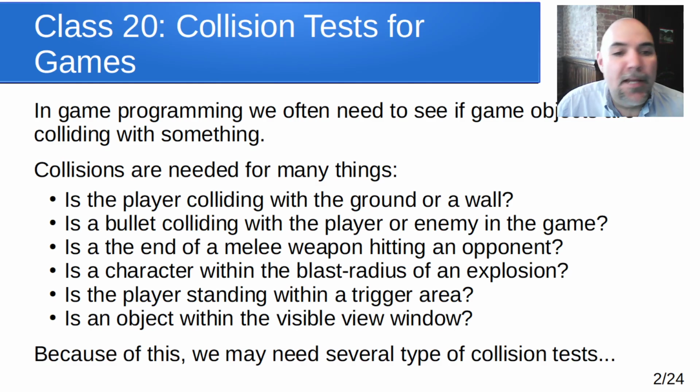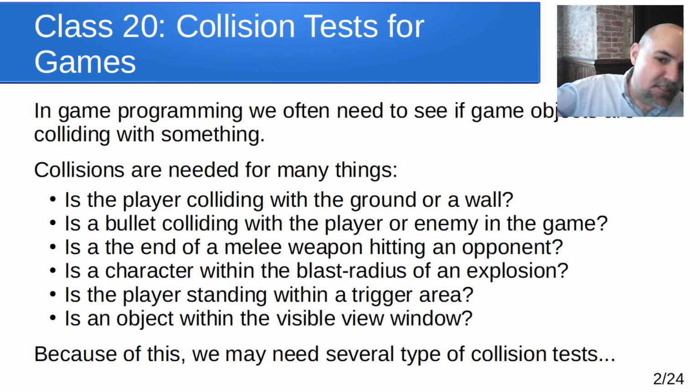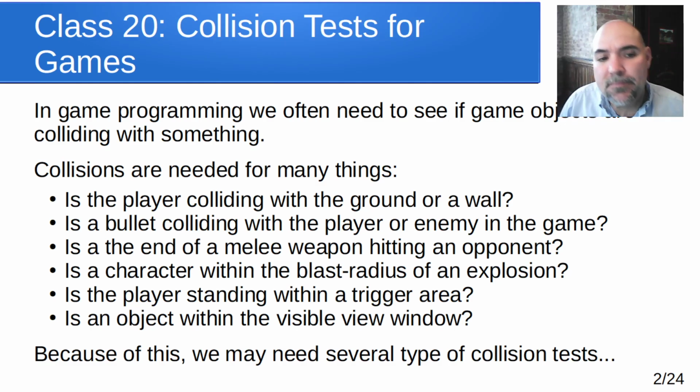Is a bullet colliding with a player or an enemy in the game? Is the end of some melee weapon that's being swung hitting an opponent? Is the character within some blast radius collision sphere, collision circle of an explosion? Is the player standing within some trigger area that causes a gate to open or the level to be considered complete, or a teleport area or whatever?